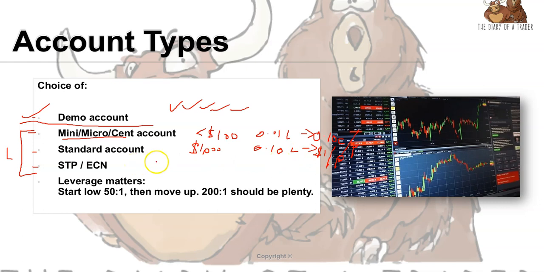Now, standard accounts have their own fees, and then we have STP and ECN, straight through processing and electronic communication network. These accounts are direct to market. Sometimes on a standard account, the broker will trade against you and take the other side of your trade, and therefore they have an interest in you losing. And STP and ECN accounts are more accurate, more direct, and they have lower fees, lower spreads.